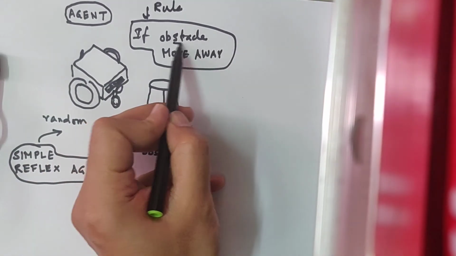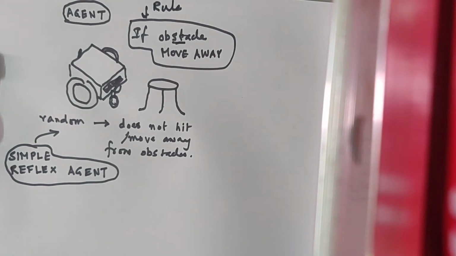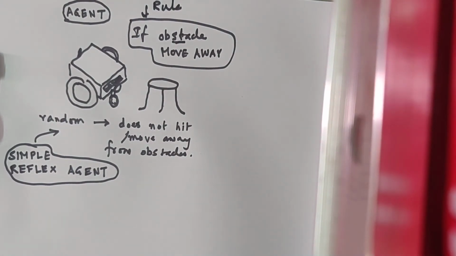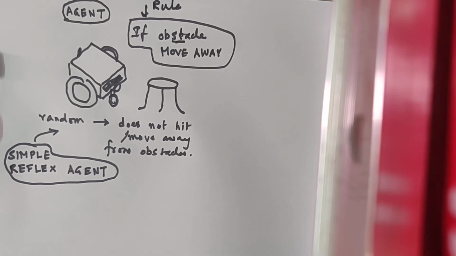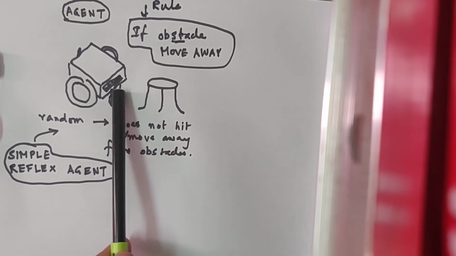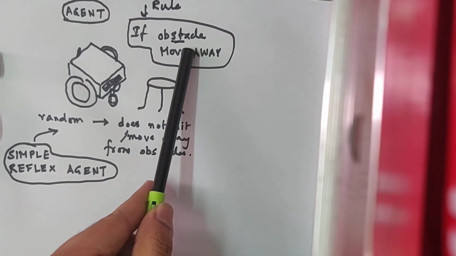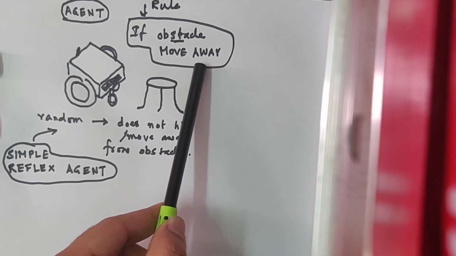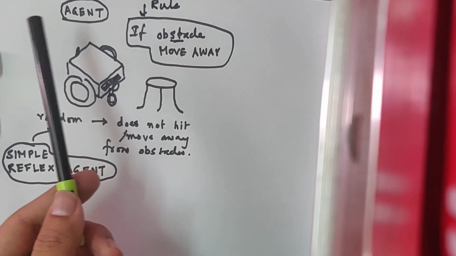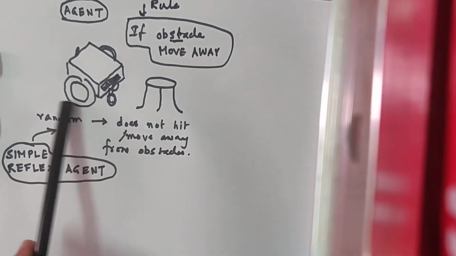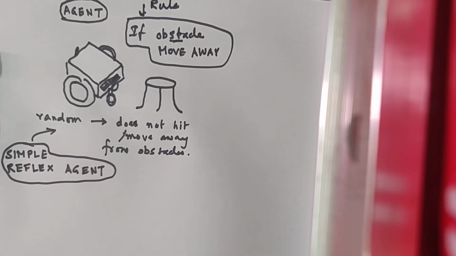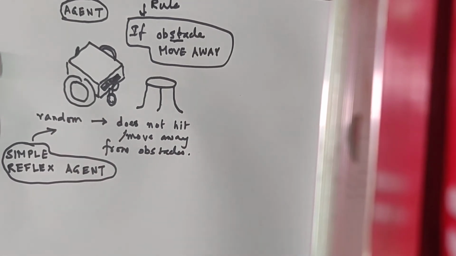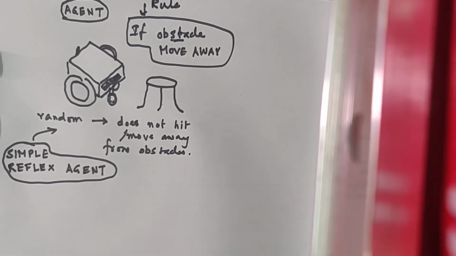The sensory percept will give whether the obstacle is there or not, and then it does an action associated with that rule. If the current sensory percept says that there is an obstacle, then it will do the action move away. If there is no obstacle, then it will do the action random movement. It's a simple if-then-else agent. It is called a simple reflex agent.